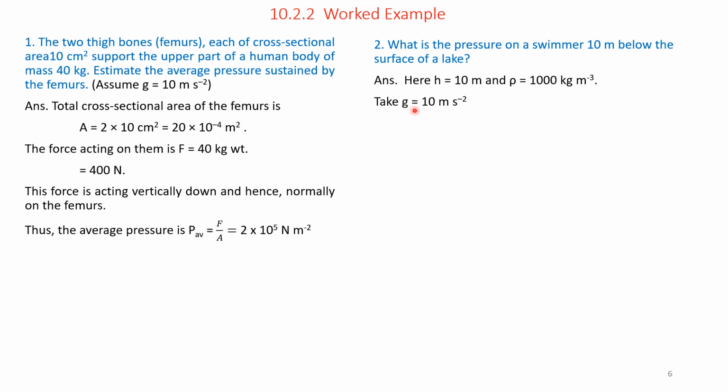Taking the value of g as 10 meters per second squared, we know that P is equal to Pa plus rho gh. That is, the pressure is equal to atmospheric pressure plus rho gh.